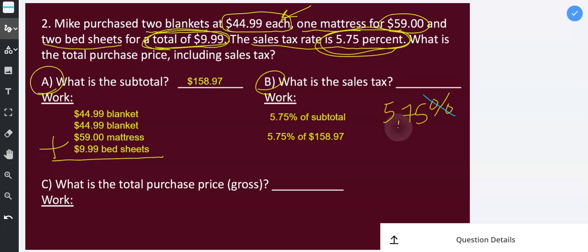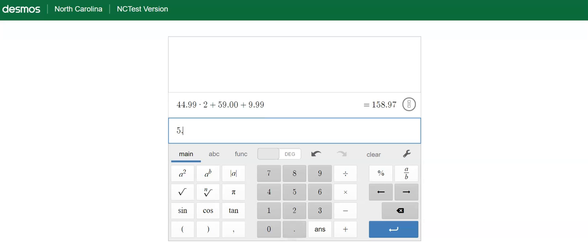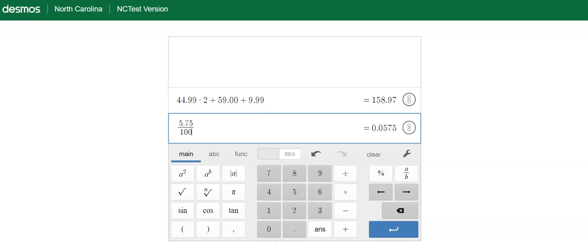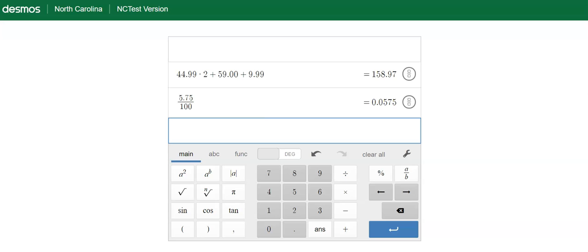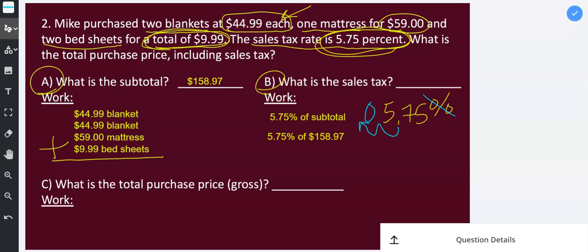Then to change the percent to decimal, you move the decimal 2 times to the left, which is the same thing as dividing by 100. Let me show you. 5.75 divided by 100, we get 0.0575, which is what we get here, 0.0575.